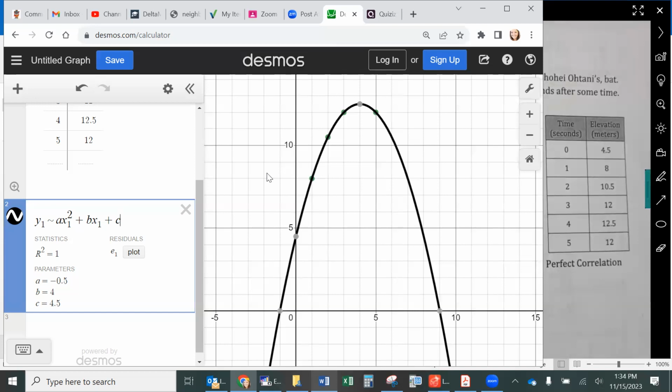So 0, 1 through 5 are fine, but change your Y's to 4.5. Then 8. Number 2 was it? That's okay.